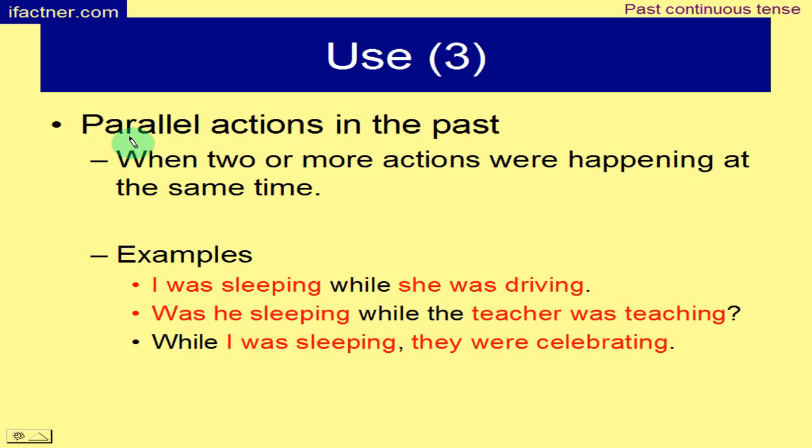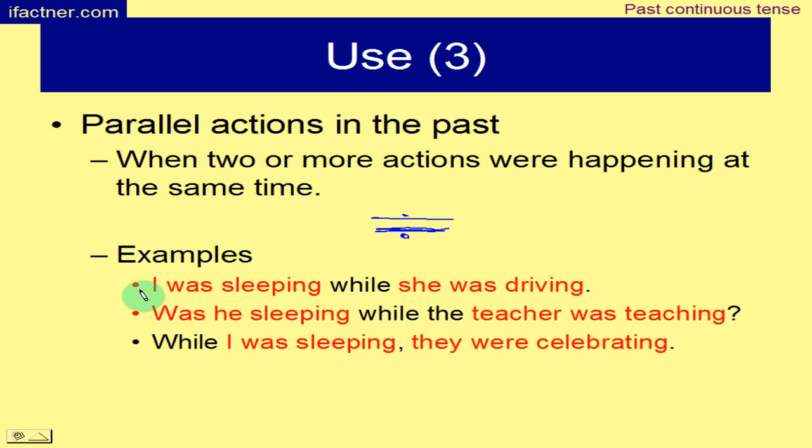We use past continuous tense when parallel actions in the past were happening at the same time. When two or more actions were happening at the same time in the past, then we use past continuous tense.